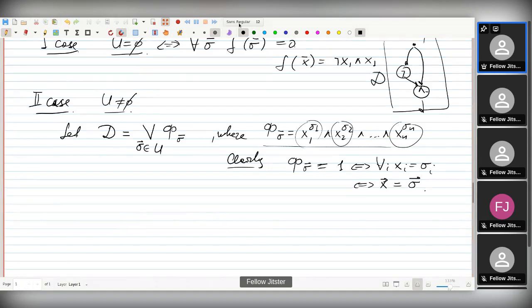Okay. So when does D over some input x give us 1? It is a disjunction, so if and only if there exists at least one such sigma that this equals 1.